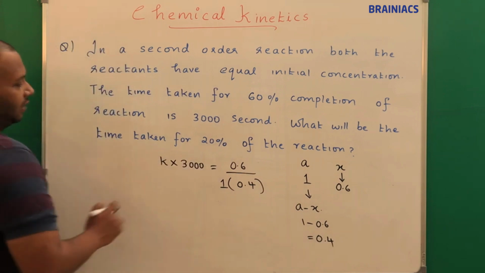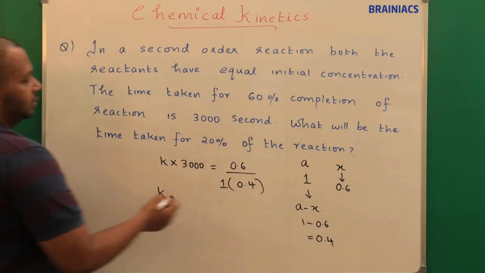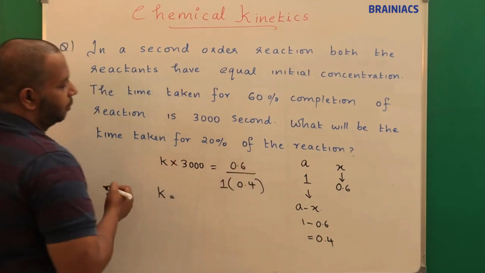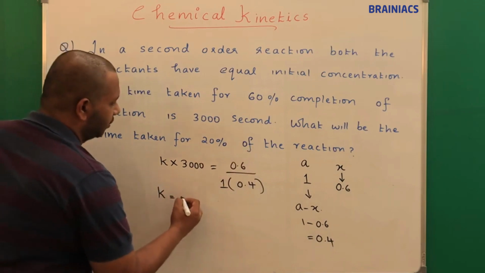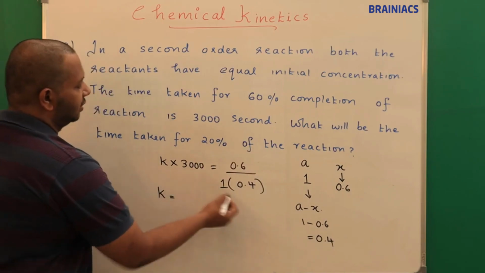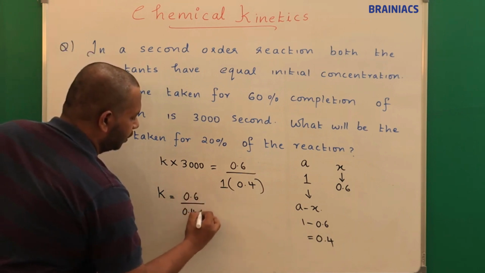Now let's calculate the rate constant K. So K is equal to 0.6 by 0.4, and I take 3000 in the denominator. So 0.6 by 0.4 into 3000.